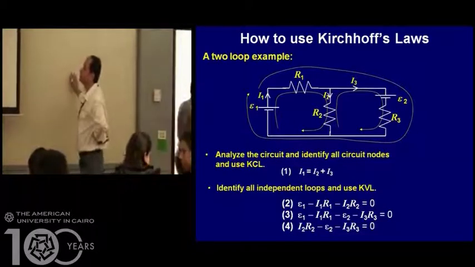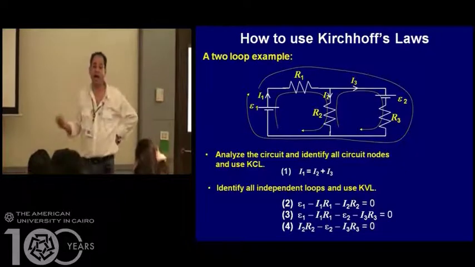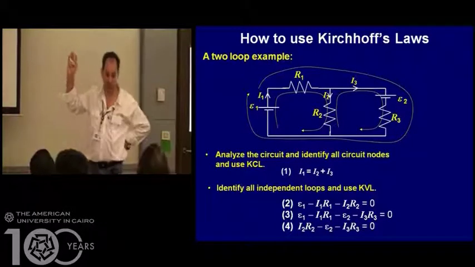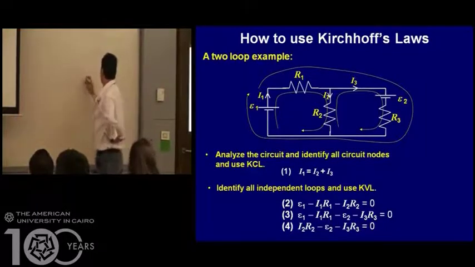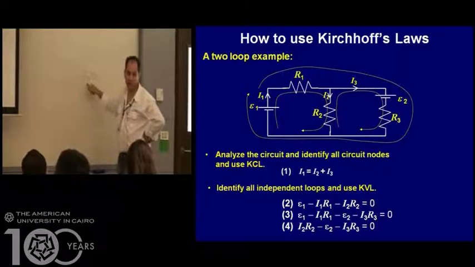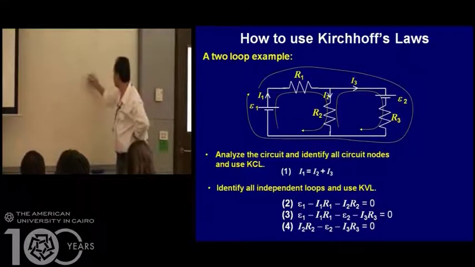Now tell me what will be the drop in the potential across R2. Every time we have a resistor, there is a drop in the potential across that resistor. It's a negative I2 R2. But the direction of the current is opposite to your direction, so it's actually a negative current.